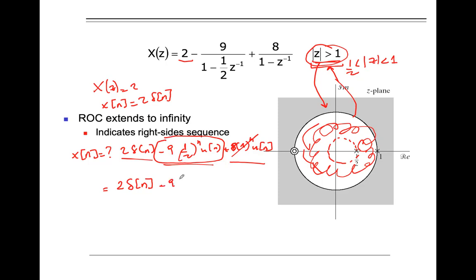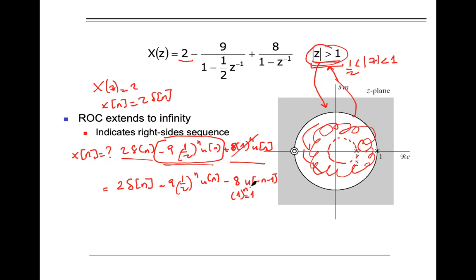So minus 9, 1 over 2 to the power n, u of n. And how about this part? Minus 8, 1 to the power of n, u of minus n minus 1. If I don't write 1 to the power n, it's not a problem, right arkadaşlar? Because 1 to the power n is always 1. So that's why I don't write it. Anlaşıldı diye ümit ediyorum arkadaşlar.